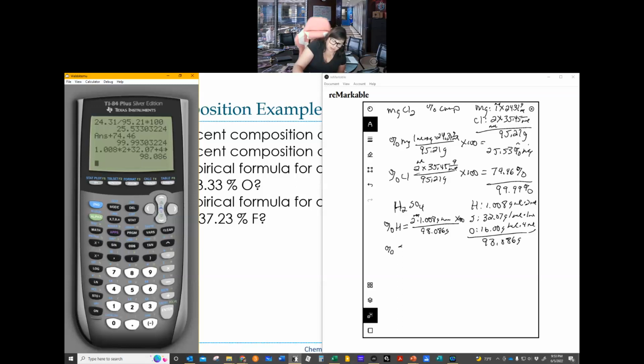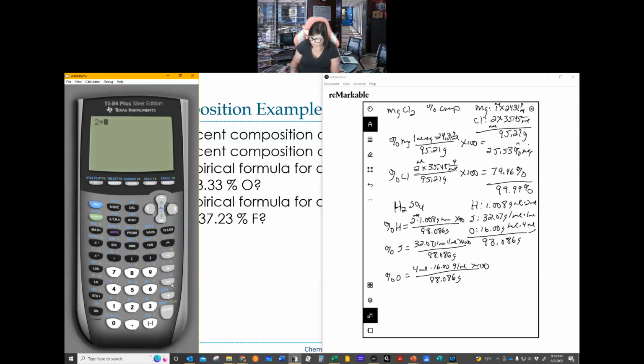I'll set up my other two calculations, percent S being 32.07 grams per mole times 1 mole times 100 over 98.086 grams. And then my percent oxygen is going to be 4 mole times 16 grams per mole times 100 divided by 98.086 grams. Whew, that's a lot of calculating. Well, all right, let's go.